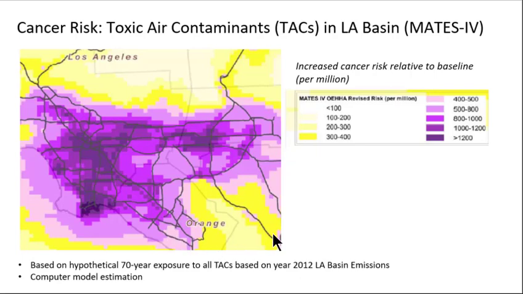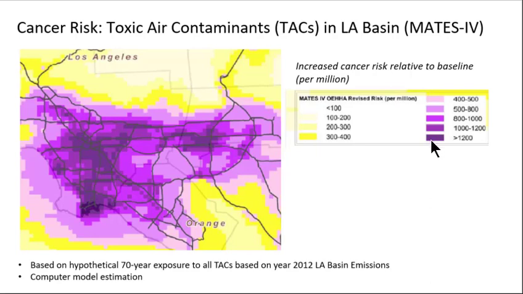The map shown here is for all air pollutants combined and expresses the increased risk of cancer above baseline due to inhalation of air toxics at different locations across the LA basin in number of increased cancers per million people. Peak increased risks are depicted by the dark purple, indicating increased risks of about 1,000 extra cancers per million people above baseline.